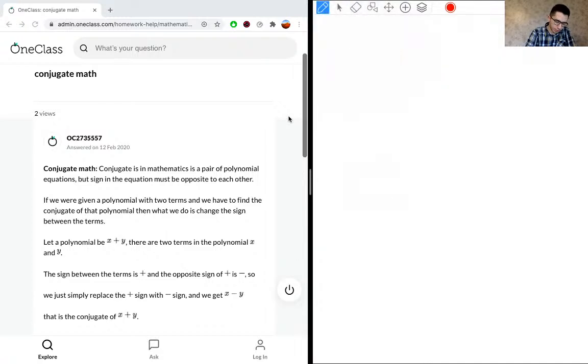Let's go through a simple example here. So let's say we had 5 over 7 minus square root 3. The question asked us to simplify this down and remove the square root from the bottom, so remove it from the denominator. We would multiply this fraction by the conjugate form, which would be 7 plus square root 3.